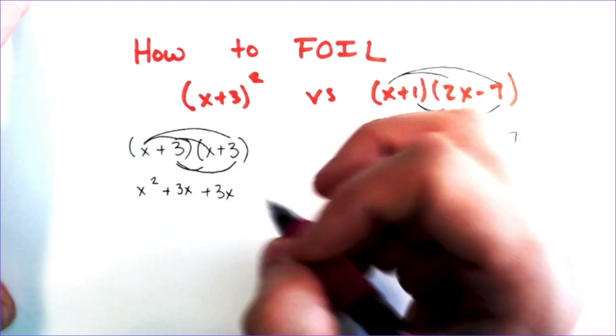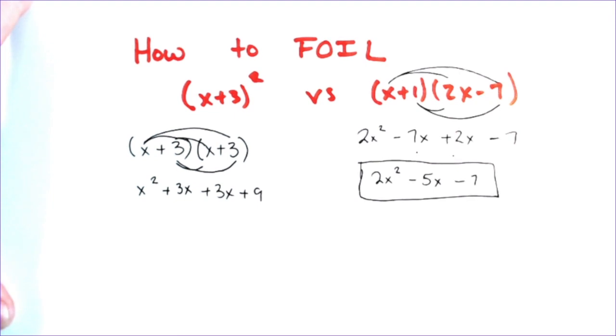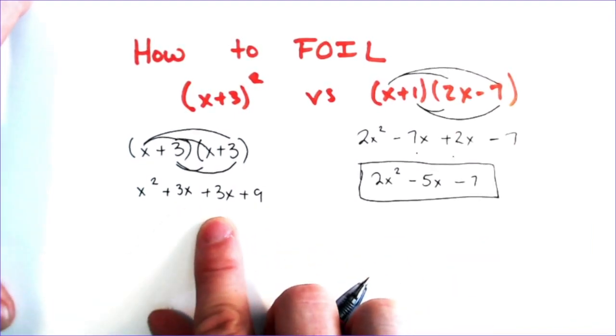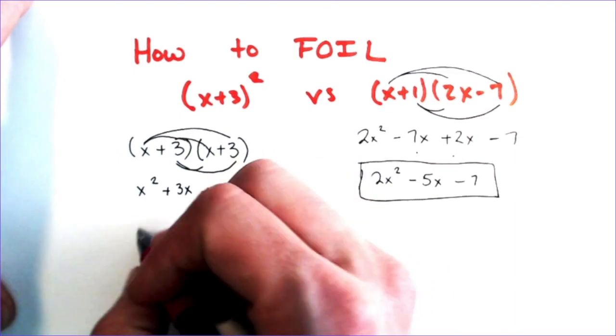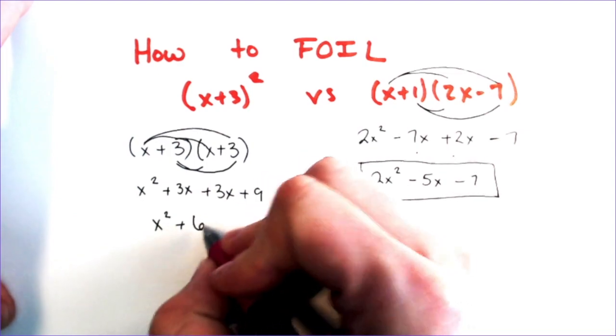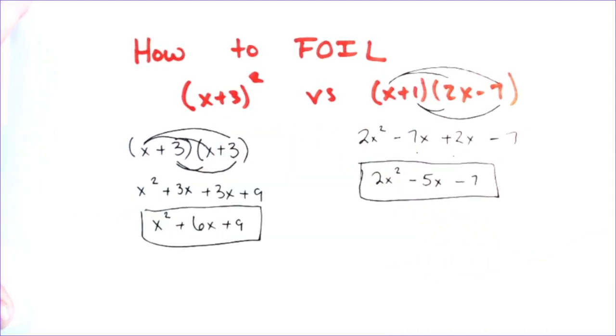And 3 times 3 makes 9. And again, in this case, the two terms in the middle are going to combine. It doesn't always happen, but it is very, very common for that to occur. 3x and 3x combine to make 6x, and 9. And there we have it, our final answer for FOIL.